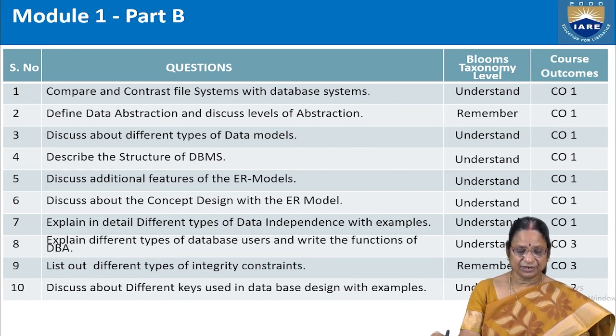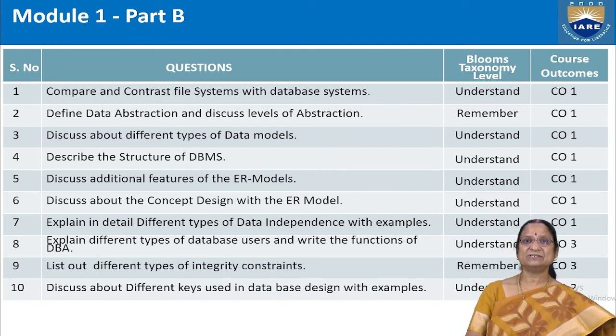Explain in detail different types of data independence. I explained this in the class on basic database management system concepts, as well as in terms and terminology. What is data independence? Different types of data independence, physical data independence as well as logical data independence, were explained.